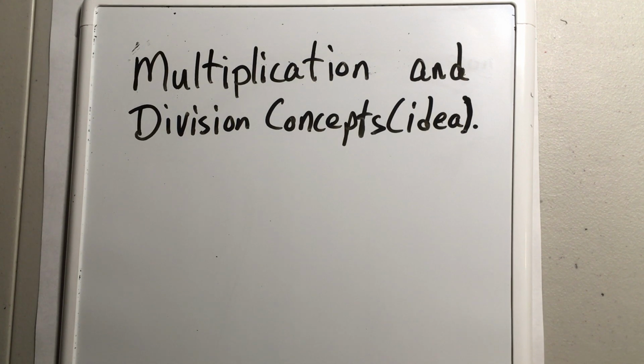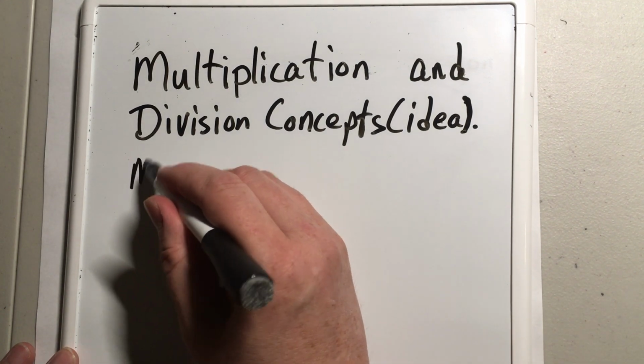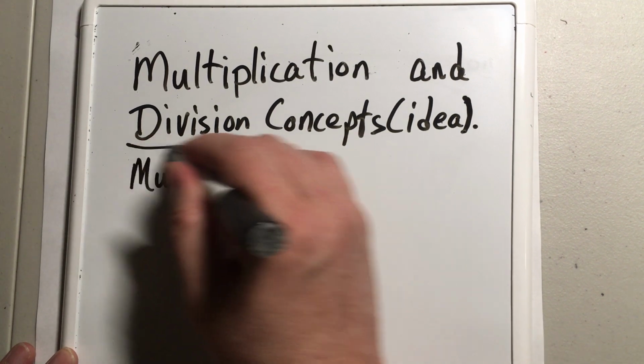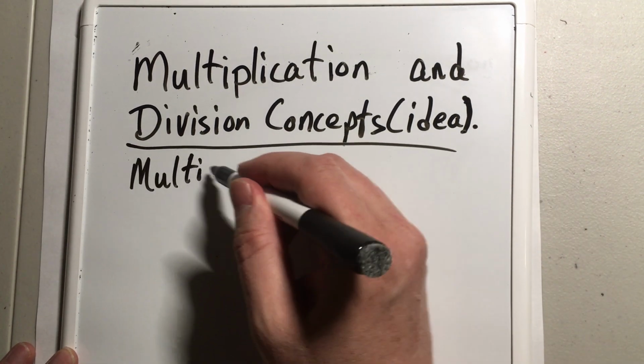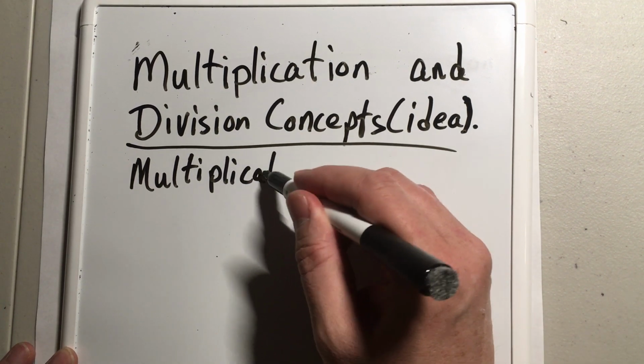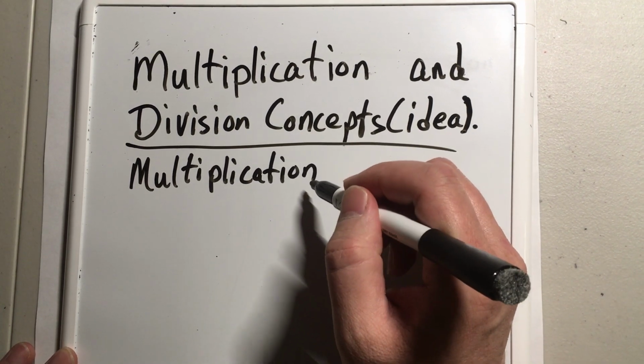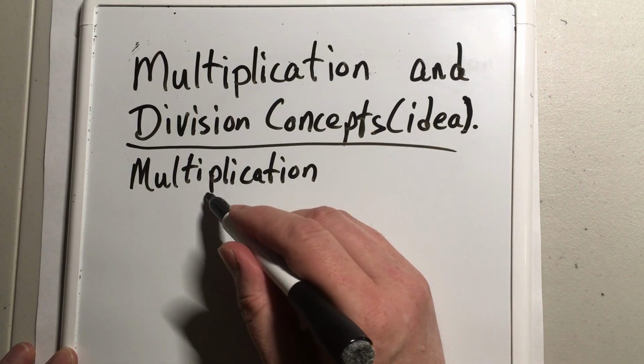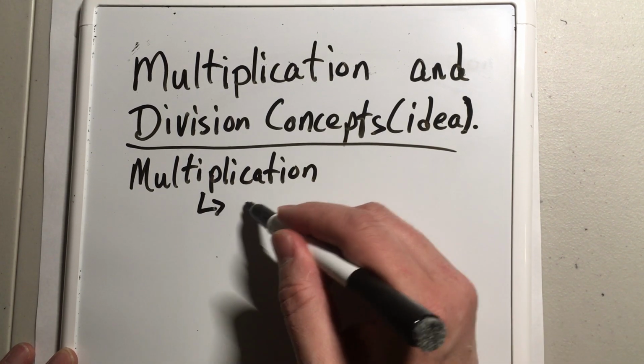The first thing I want to look at here is the idea with multiplication. And that is going to be, there's two trains of thought when it comes to multiplication. The first one is going to be equal groups.